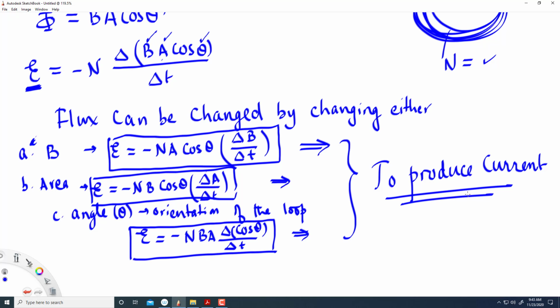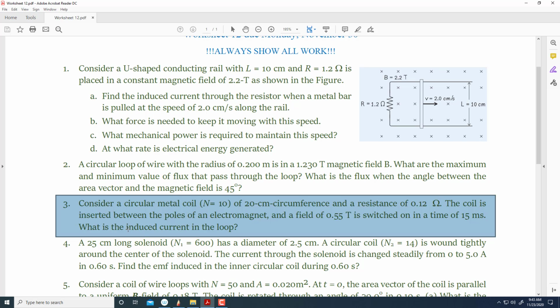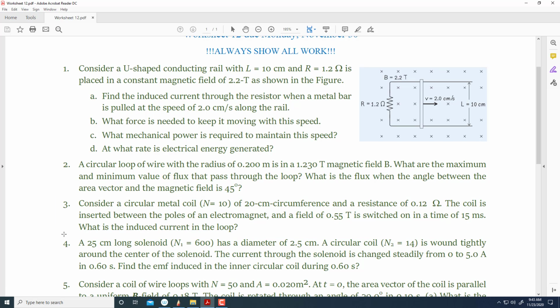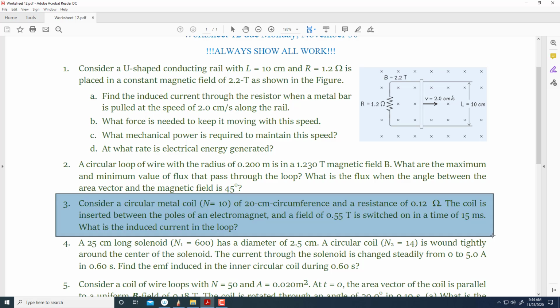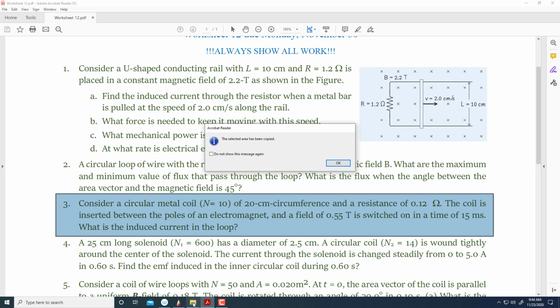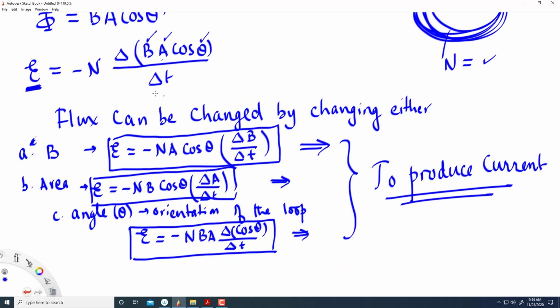Now let's look at each of the conditions, each of the cases. So look at the third problem. Which one is this one out of these three?